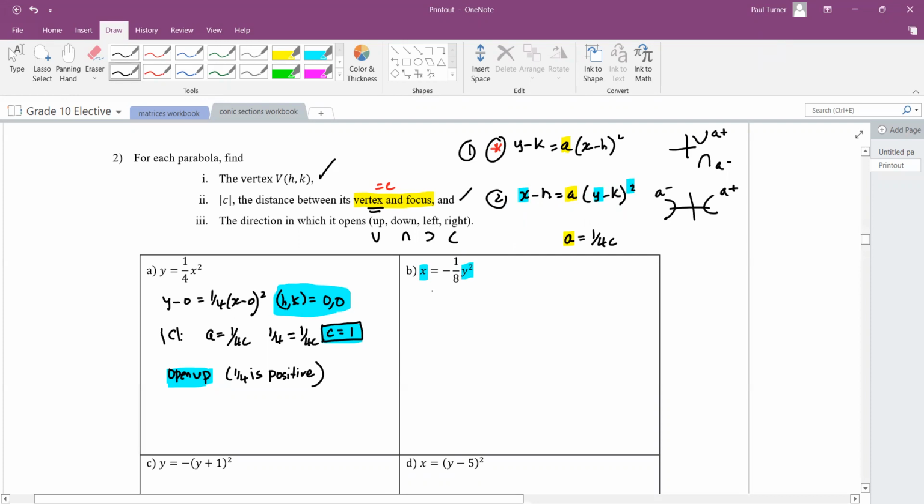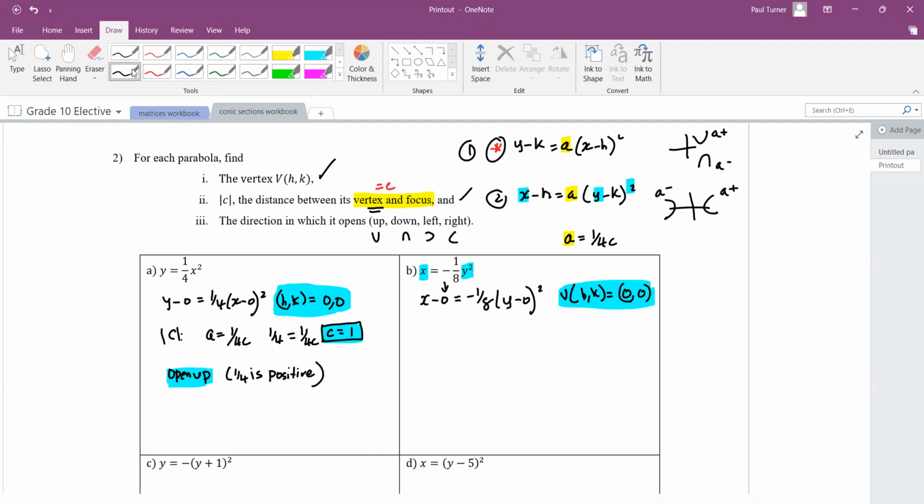So let's change that to x minus 0 equals negative 1/8 (y minus 0) all squared. So these are exactly the same. I haven't changed anything. I've just put 0, 0 in to remind us that the vertex, which is (h, k), is equal to (0, 0), the origin. So that would be our vertex, (0, 0).